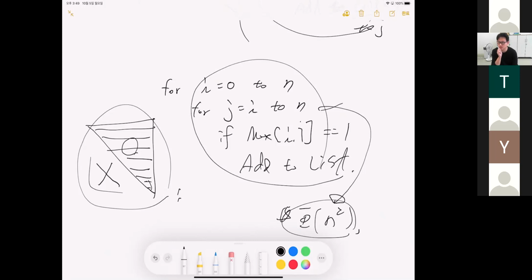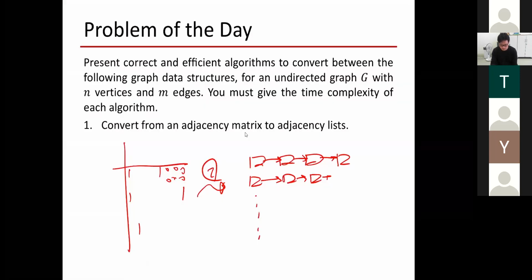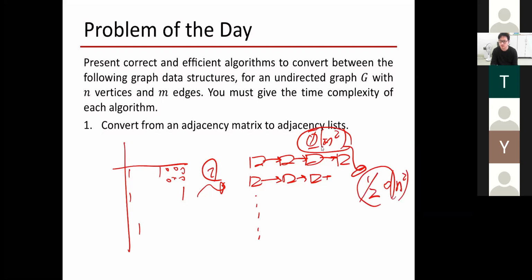Is everybody following what I'm doing? Maybe too quiet. Okay. So let's go back to the slide. Now I can do it in Theta of n squared, which is actually half of the n squared, right?